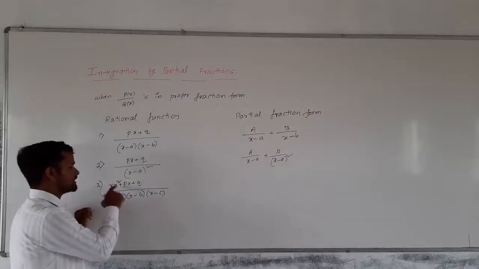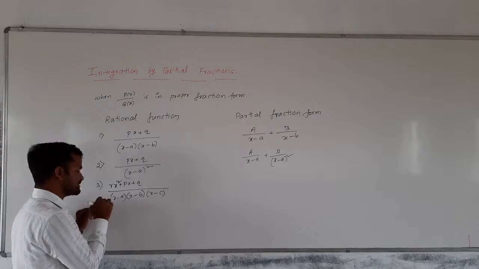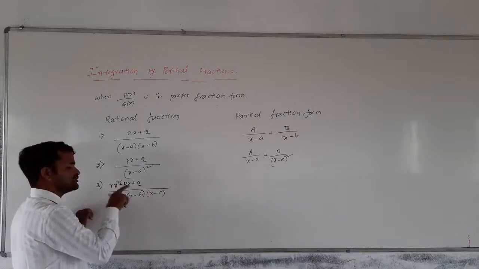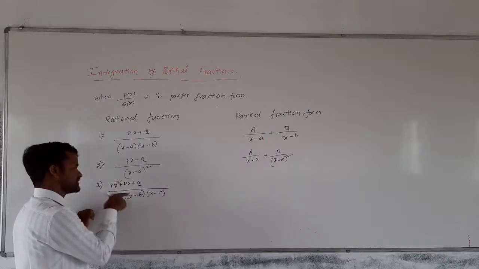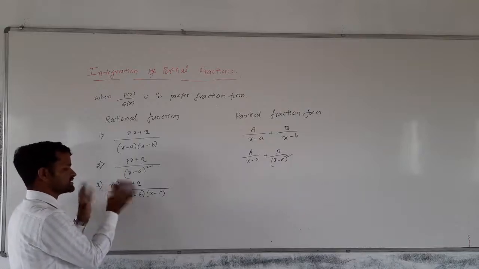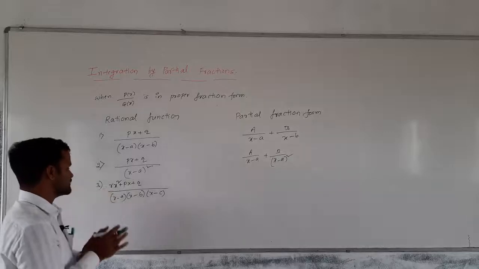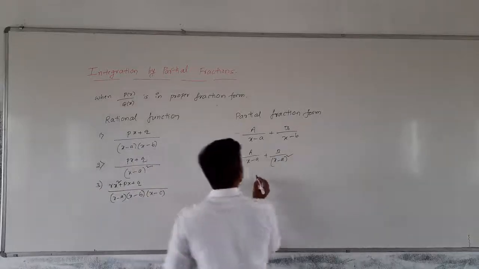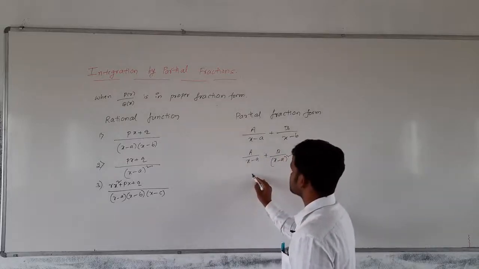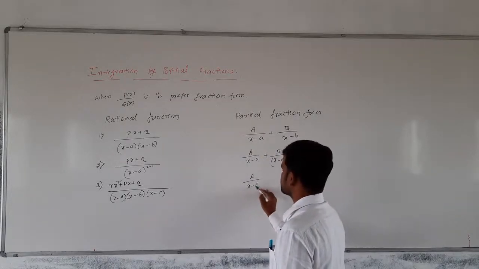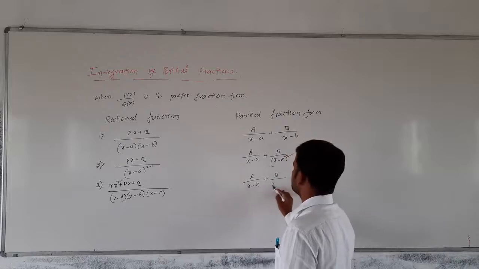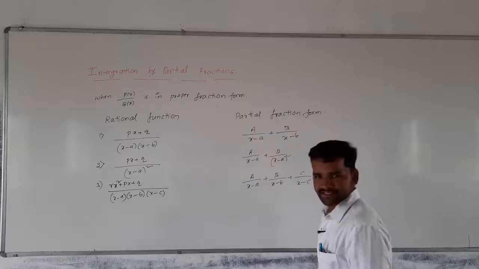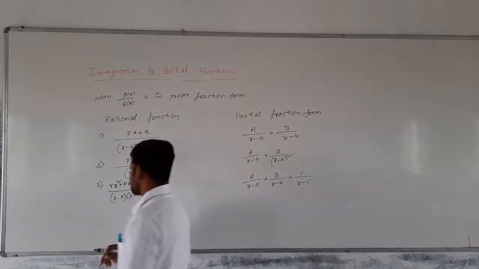Is it possible? Numerator power is 2, denominator power is 3. Okay, in this case also it is valid. But x cube by x raised to 4, that should not be there. Otherwise some constant q, all those are possible. Now what are the partial fractions here? A by x minus a plus B by x minus b plus C by x minus c. This is how we should use it.